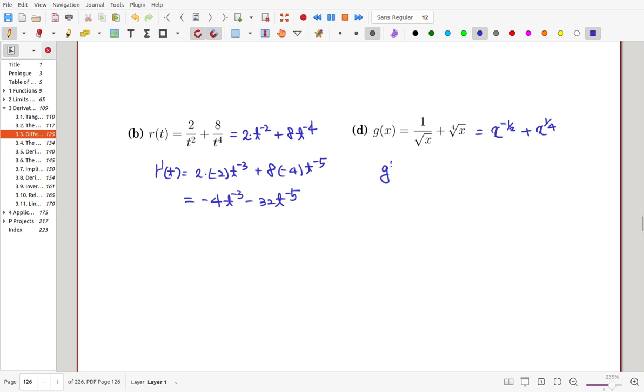So here, by using the power rule, we have minus 1/2 times x to the minus 1/2 minus 1, which is minus 3 over 2. And here 1/4 will come out, and x to the 1/4 minus 1 is x to the minus 3 over 4. That's the answer.